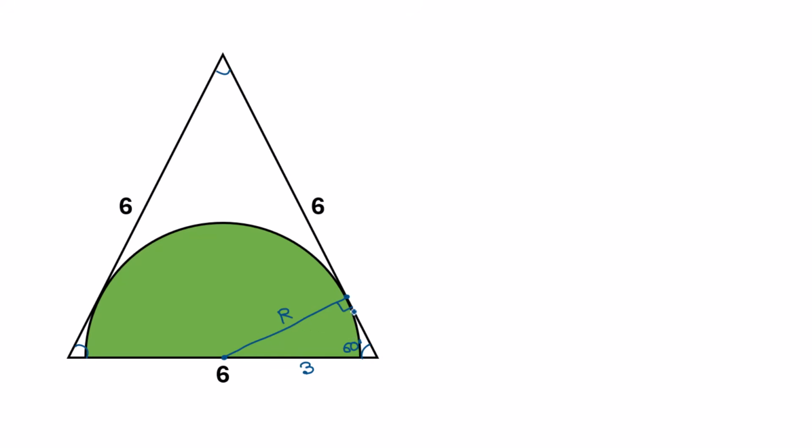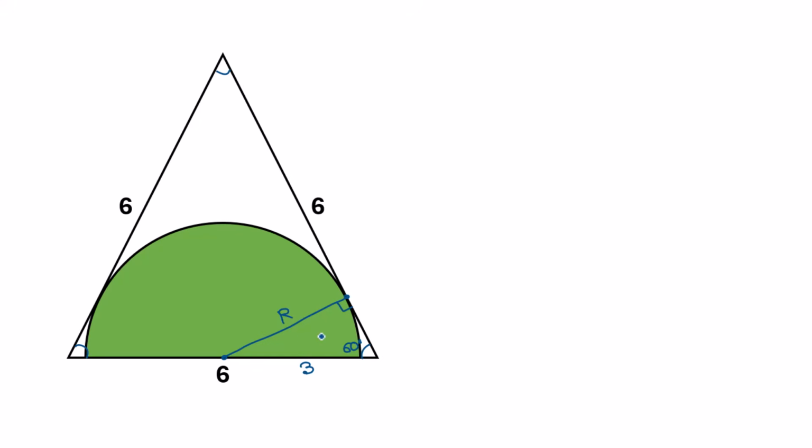Now this triangle is a right angle triangle. This angle is 60 degrees, and this line indicates the height of this triangle, and this is the hypotenuse of this triangle.